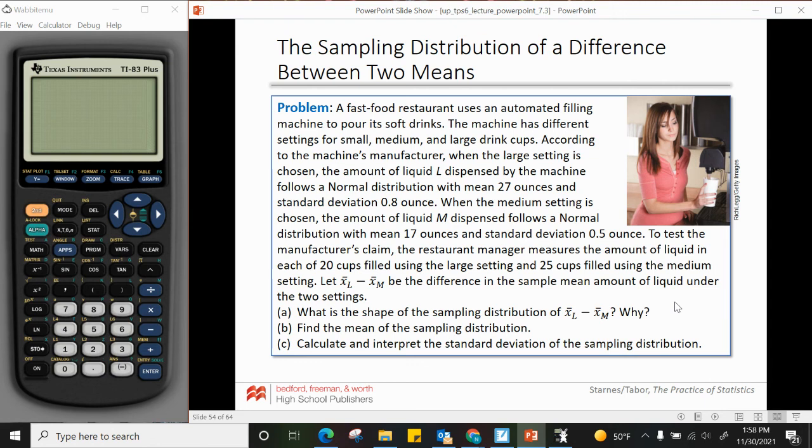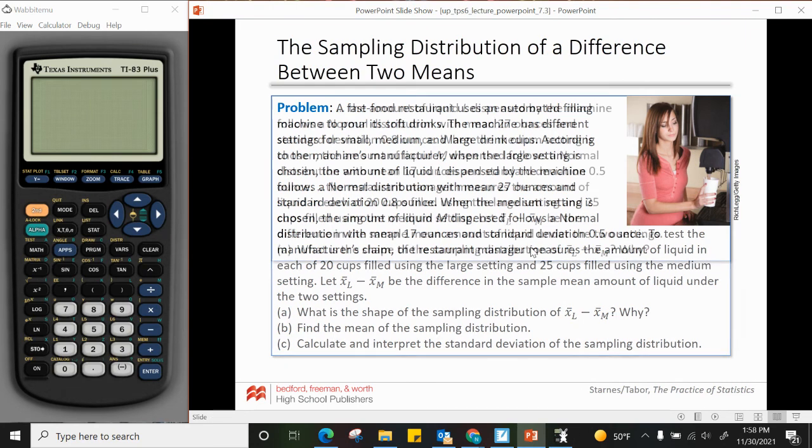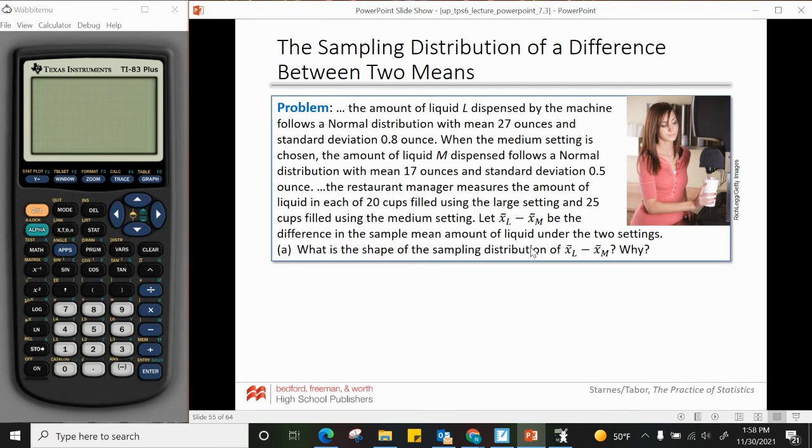When the medium setting is chosen, the amount of liquid M follows a normal distribution with a mean of 17 ounces and a standard deviation of 0.5. To test the claim, the restaurant manager measures the amount of liquid in each of 20 cups filled using the large setting and 25 cups filled using the medium setting. Let x bar L minus x bar M be the difference in sample mean amount of liquid under the two settings. So what is the shape of the sampling distribution?